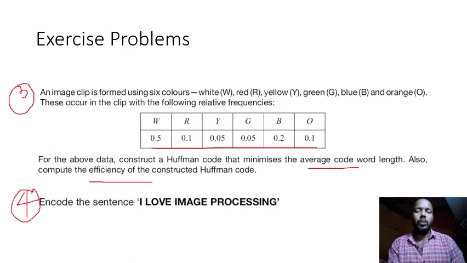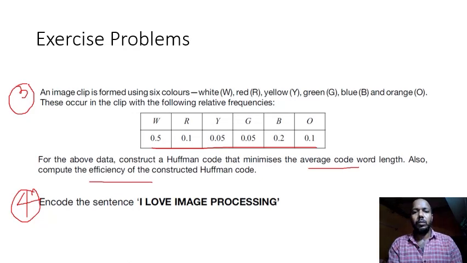Actually, it is not related to image compression, because for an image we have a matrix. Here they have given some data, some message. From this message, we have to make a Huffman coding algorithm.